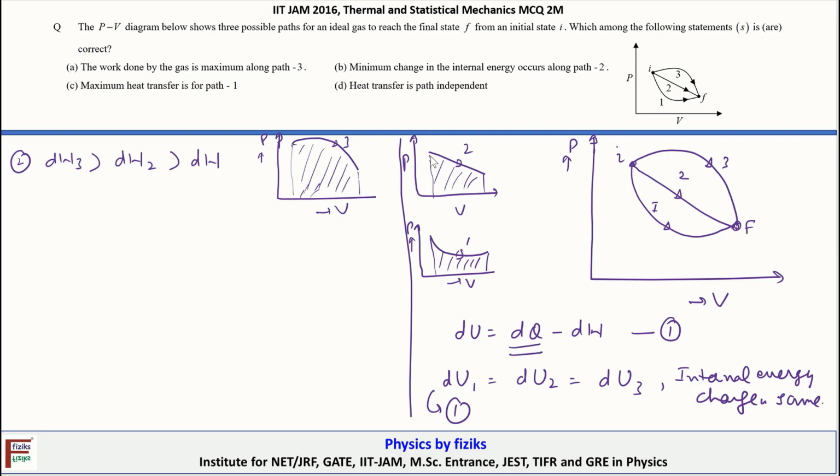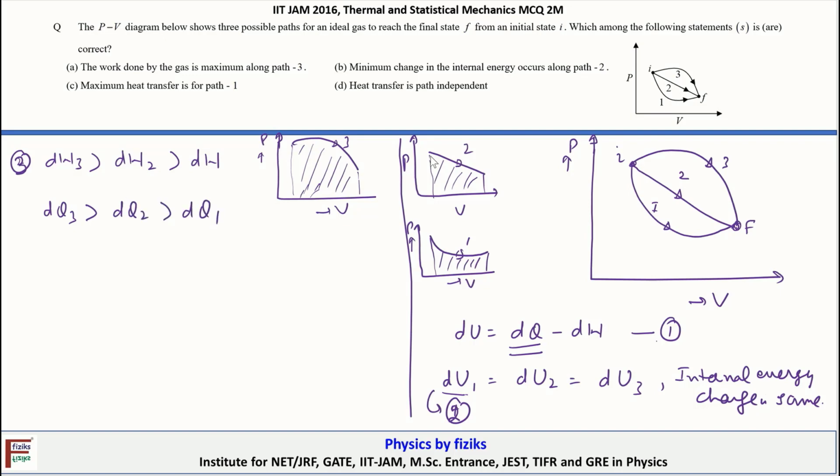Let's call this equation 2, and this equation 3. Equation 1, equation 2 and equation 3 collectively imply that to keep the internal energy change same for all three different processes, this ensures that dQ3 is larger than dQ2, and it is further larger than dQ1.